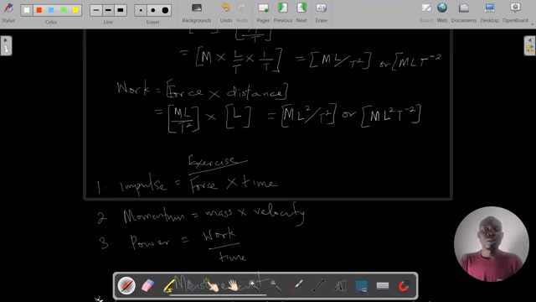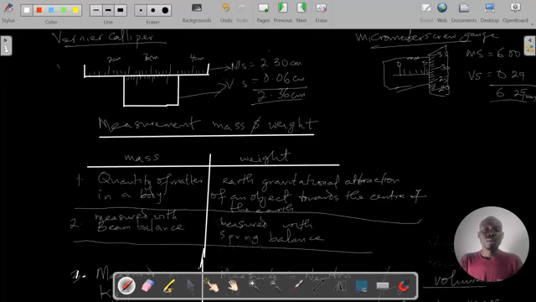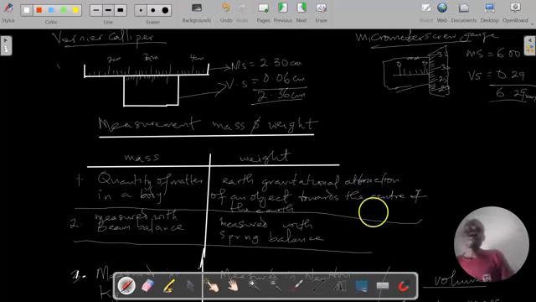Then let me also mention that it is always better when you are doing measurement to consider the error that might occur as a result of the instrument being used.